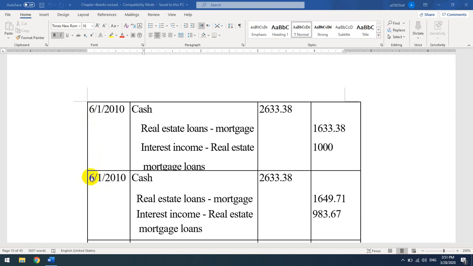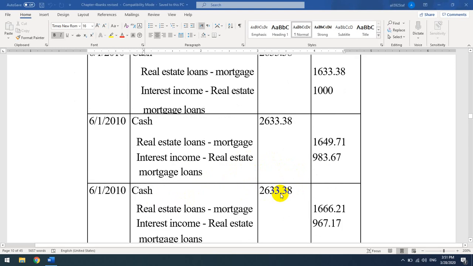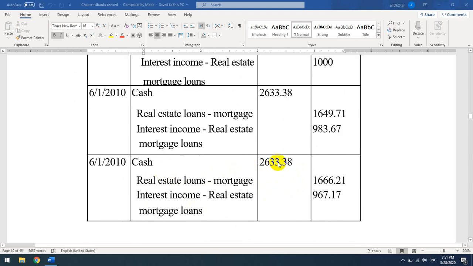This is a mistake. The amount is fixed, the same, cash debit. And the cash debit for this amount on August, it has to be 8 instead of 6. Here we have to correct it and make it 8, the month of August.